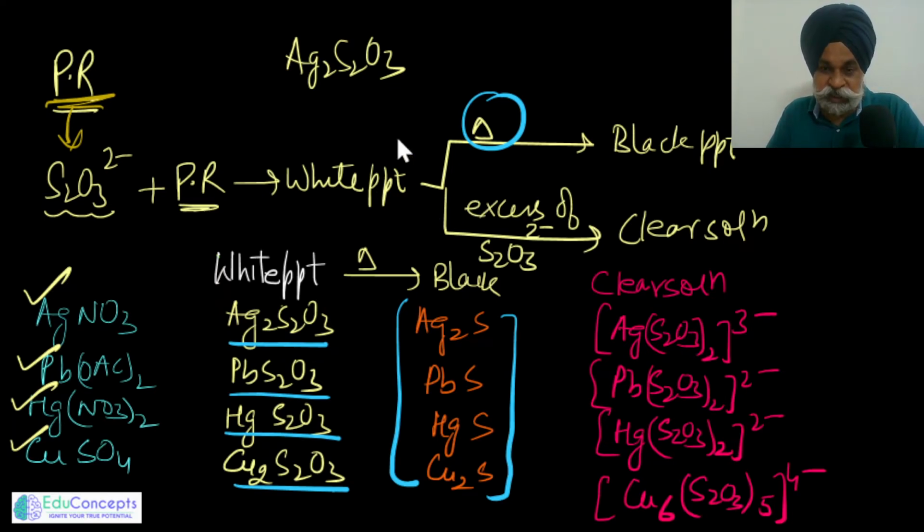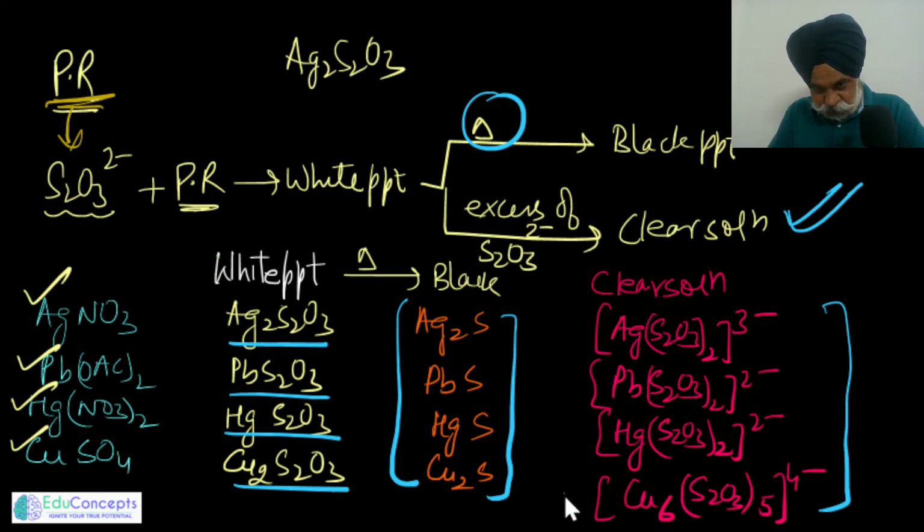And if excess thiosulfate is added, this is a very, very important reaction. If excess thiosulfate is added, it makes a clear solution of these species. Out of this, the one with copper, in regard to its formula, is very, very important. This is a bit of a mugging part, but it is quite important.